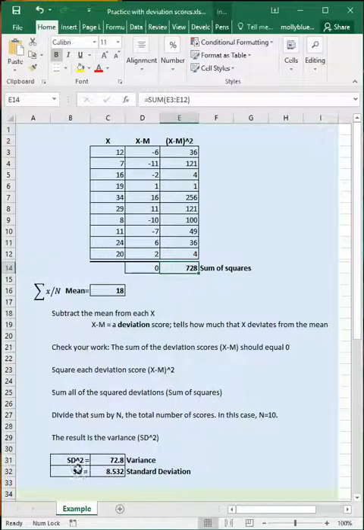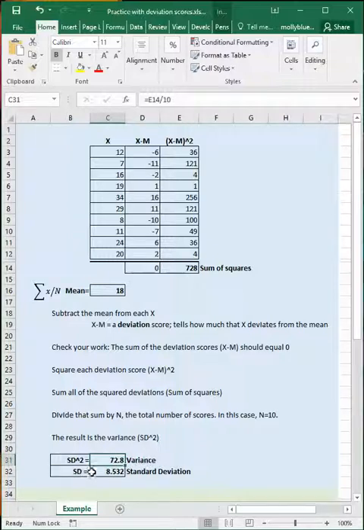So the standard deviation squared, which is the variance, is equal to E14 divided by 10. This is E14. So this divided by the number of data points that we're using is 72.8, and that's our variance.